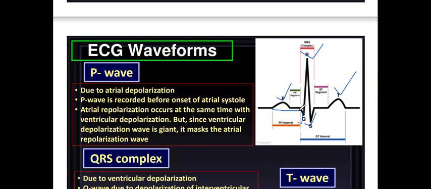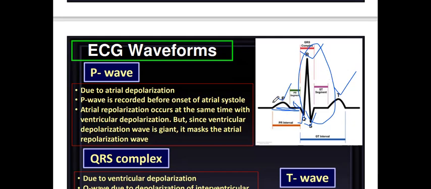Q to T is one interval, because it is one complete cycle. Here P is one cycle, and QRST is one cycle, so we are taking Q to T as one interval. P to Q is one interval, Q to T is one interval, and R to R is one interval. From one R to another R, we take another interval.